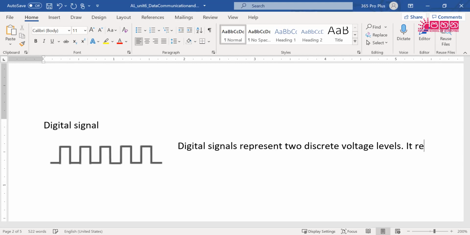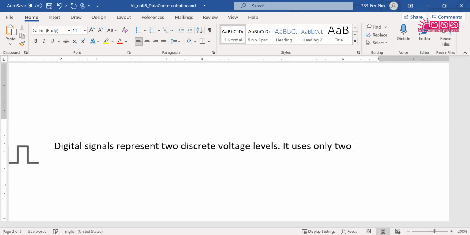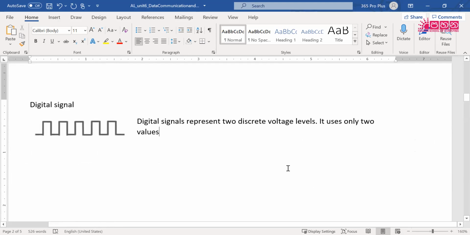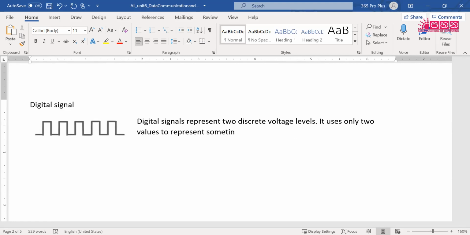It uses only two values to represent something, e.g. 0 and 1.